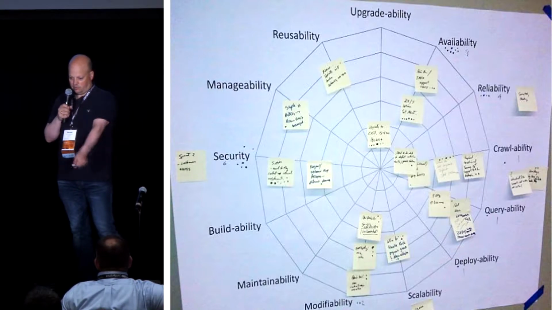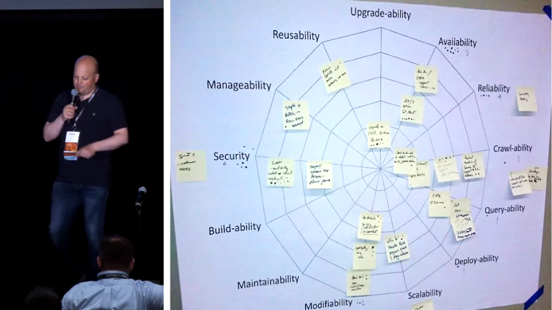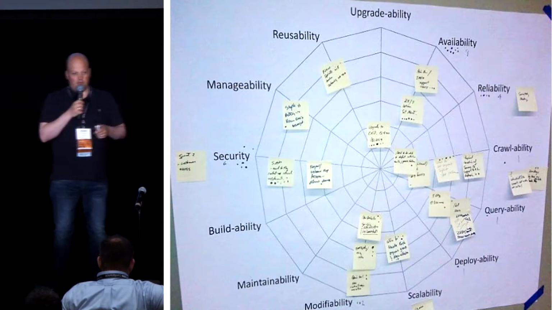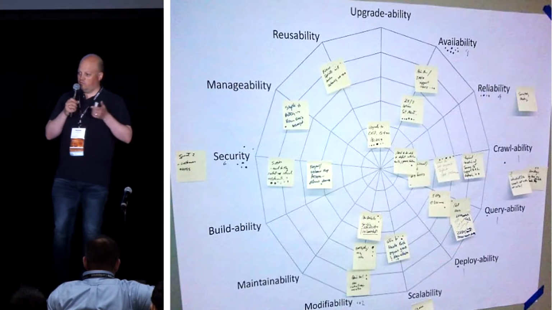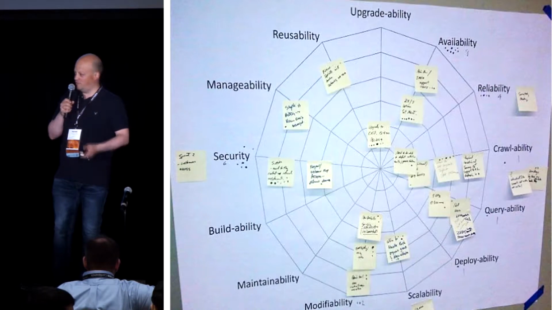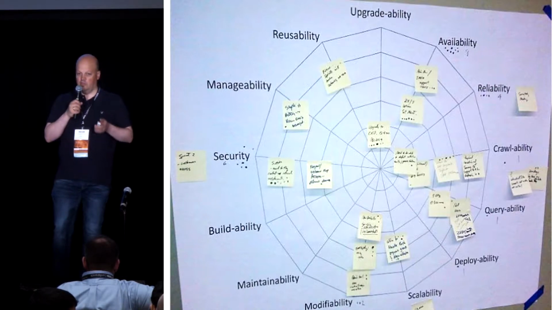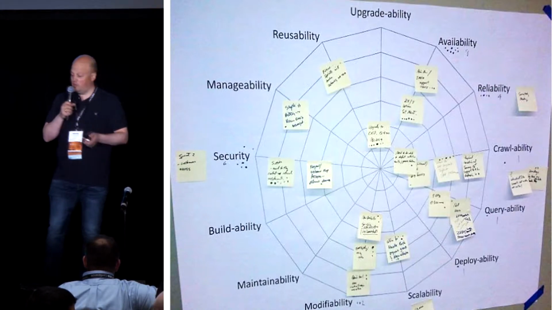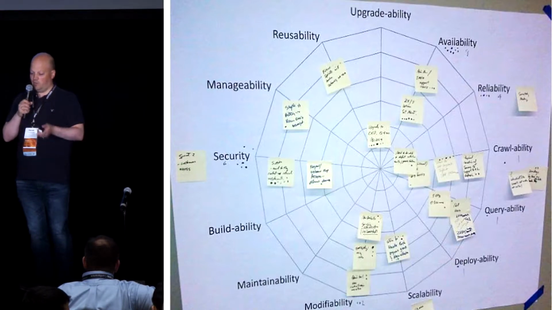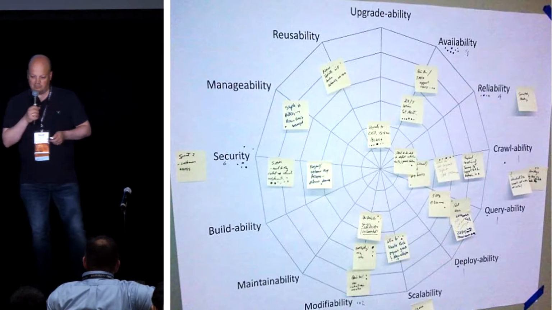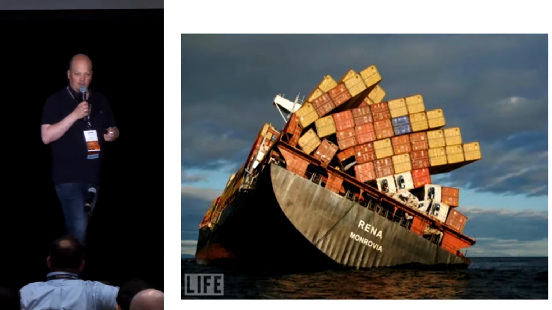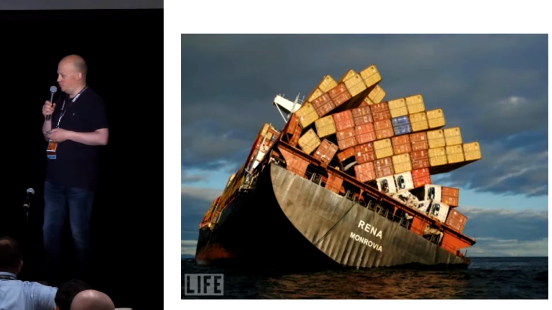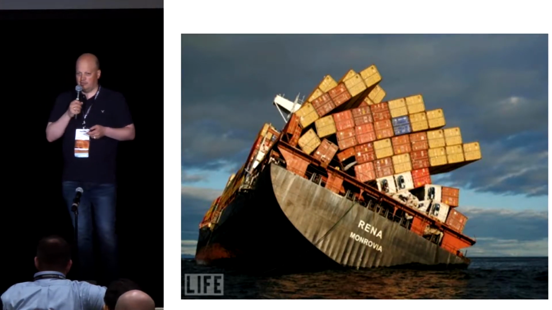But there are other things that are also important, and you need to do your architecture trade-offs properly, so that you know how to trade off between security, maintainability, upgradability, and all of your other ilities. Because otherwise, you might find yourself somewhere where you don't want to be.